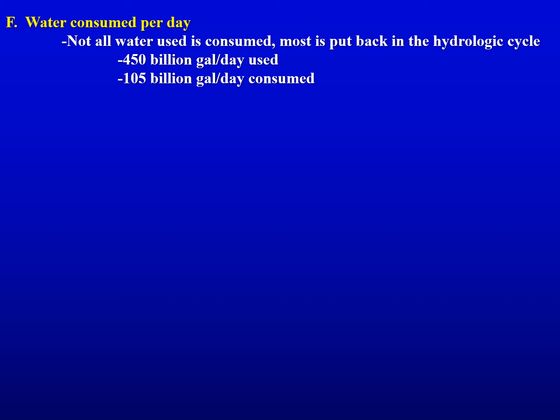So of that, roughly 1,800 gallons per day that you use, only about a quarter of that water is actually consumed. Most of it is taken out and put back. A lot of times it's put back exactly the same state it came out. No worries, no harm, no foul.